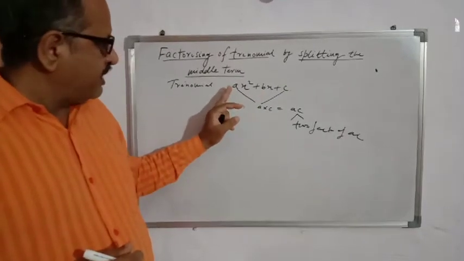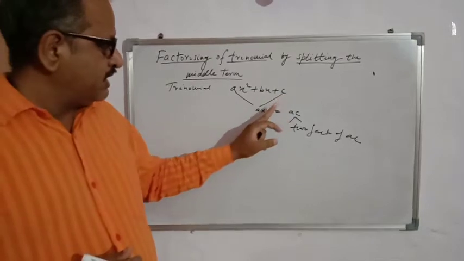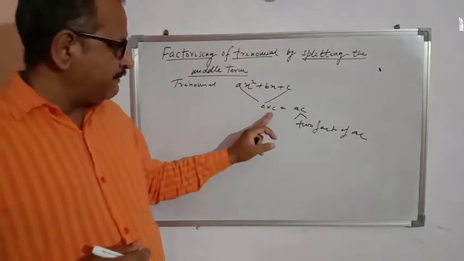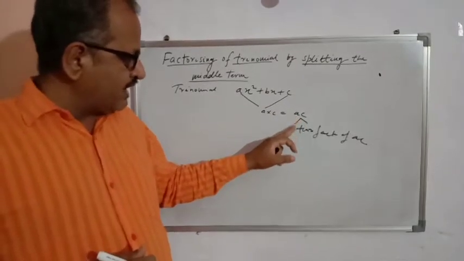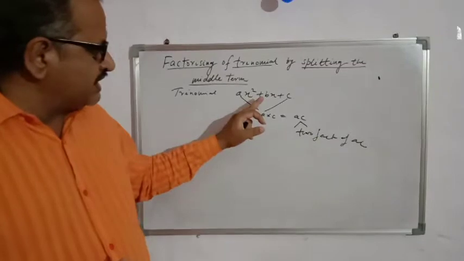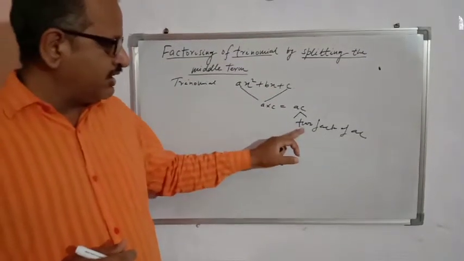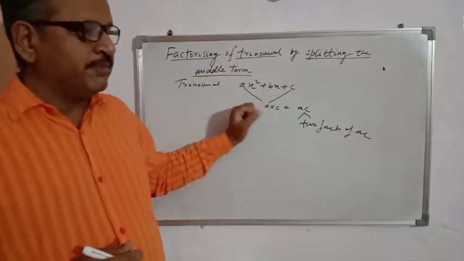Again, firstly we will multiply the coefficient of x square with the constant term, it will come ac. We have to multiply these coefficients with sign. Now we take two factors of ac whose sum is the middle term b, or whose difference is the middle term b.